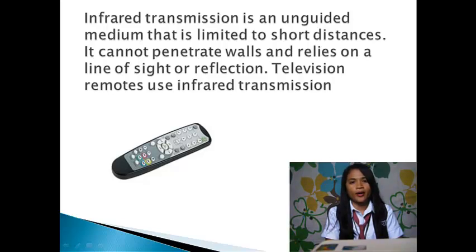First is point-to-point, and the second is broadcast. In point-to-point, the infrared transmission signals directly between two systems. Many laptop systems use point-to-point transmission. In broadcast, the infrared transmission uses a signal that is broadcast in all directions.